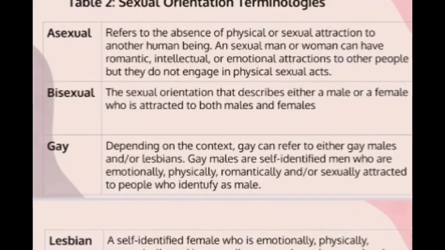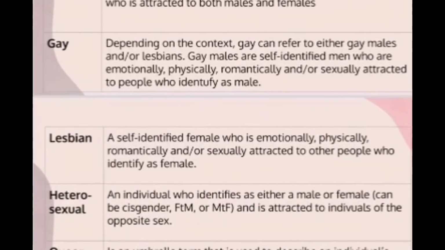So gay persons identify themselves as male, but they are attracted to males also, like male to male. And now, lesbian: a self-identified female who is emotionally, physically, romantically, and also sexually attracted to other people who identify as female. Just like gay, lesbians identify themselves as female, but they are attracted to their same gender, like female to female.